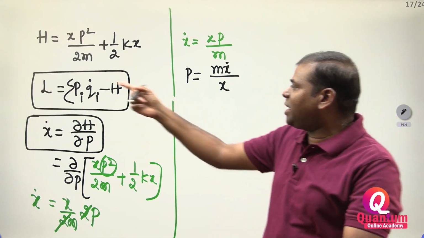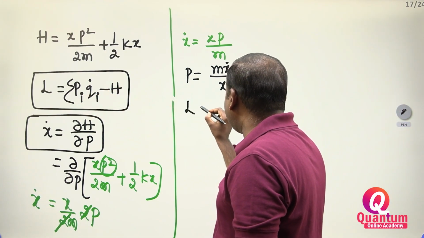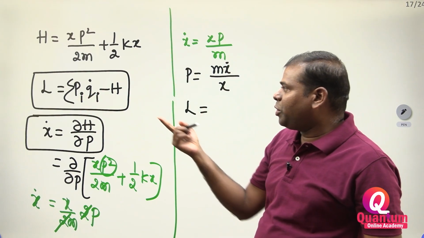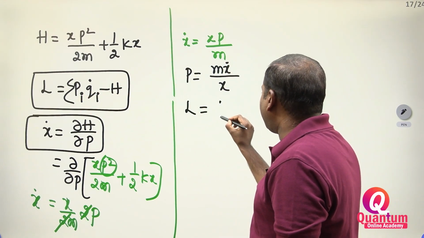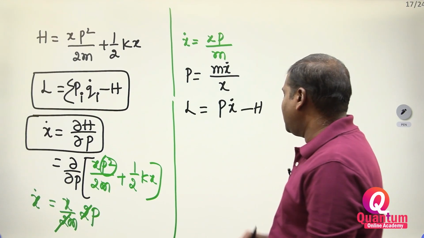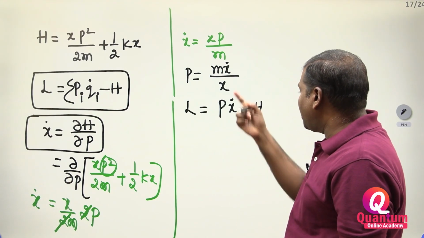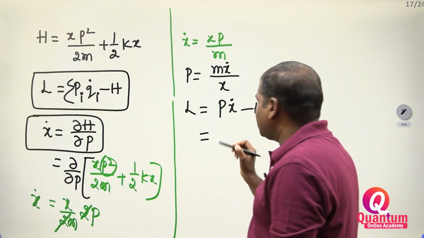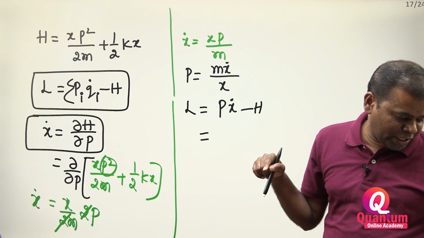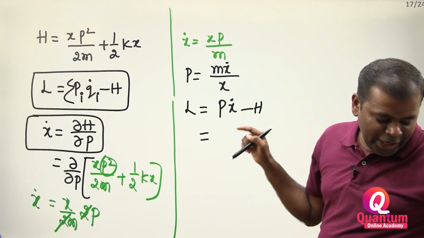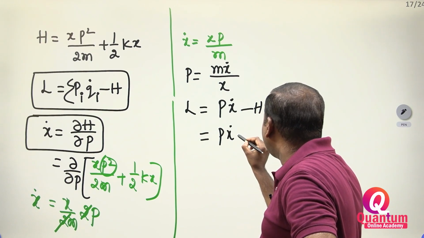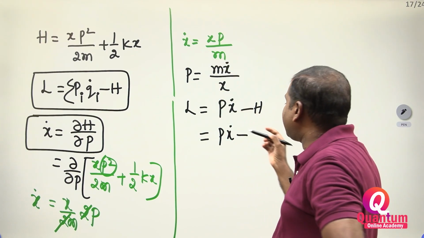Now you find the Lagrangian. L = pẋ − H, where p you have to write. This is the Lagrangian equation. Now you calculate, so which value you have to substitute here? pẋ − H. What is the H?